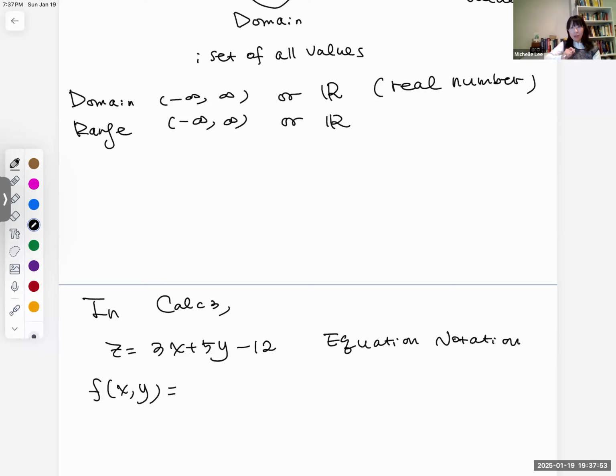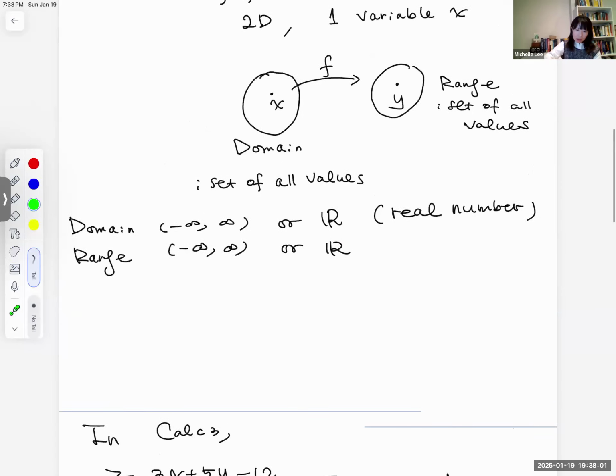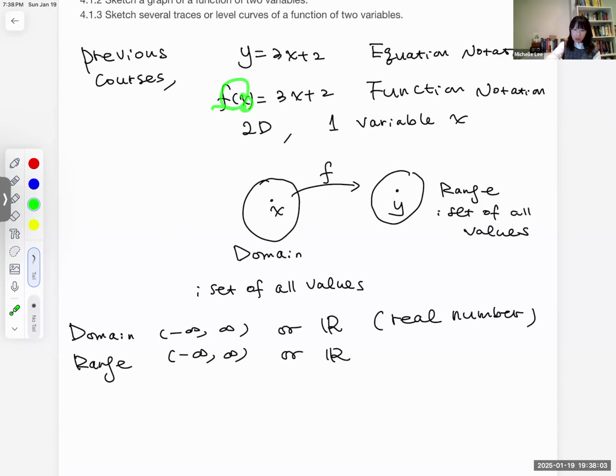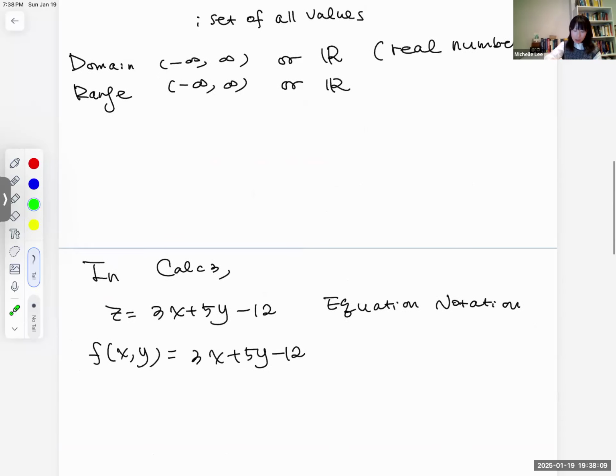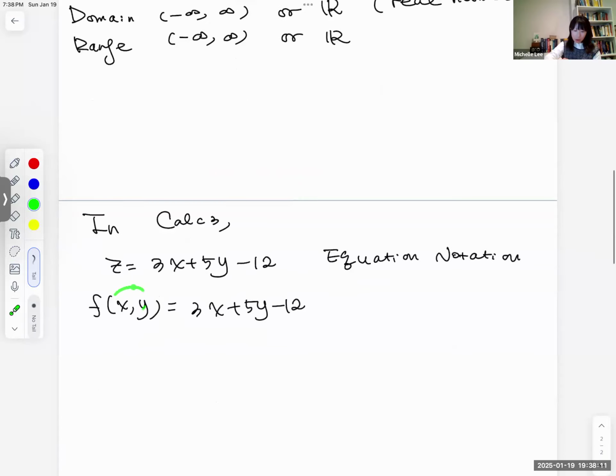Can you see that instead of f of x, then 3x plus 5y minus 12? So look, this is a function in terms of x, that's why f of x, one variable there. Here, the function notation is in terms of x and y, so two variables there.